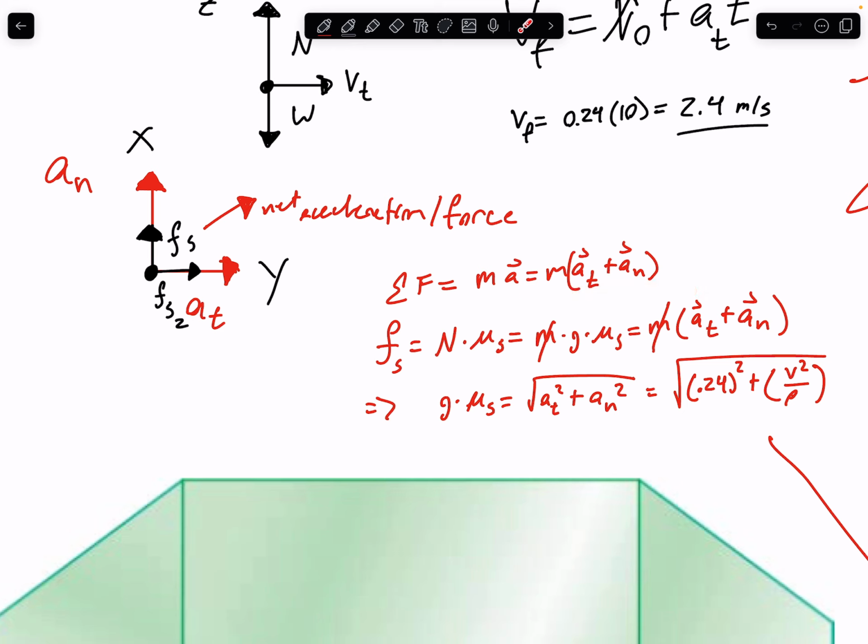I guess we know that the force of static friction is equal to the normal force times the coefficient, and the normal force is equal to the mass times gravity, because that is what we got from our free body diagram right there, times the coefficient of static friction, and that's equal to ma, which is the mass times the tangent acceleration plus the normal acceleration.